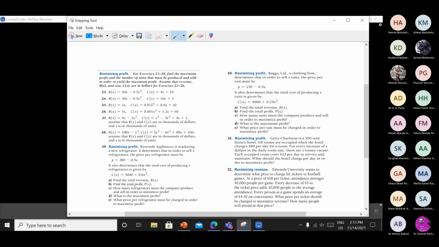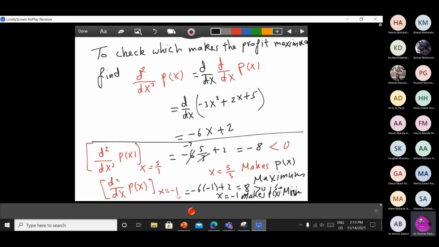Minus 6 times minus 1 is positive 6, plus 2, it will be 8. The second derivative is positive. It means the value you substitute in the second derivative makes the original function, profit, a minimum. He's looking for the maximum value. So the number of units that makes the profit maximum is the other one.